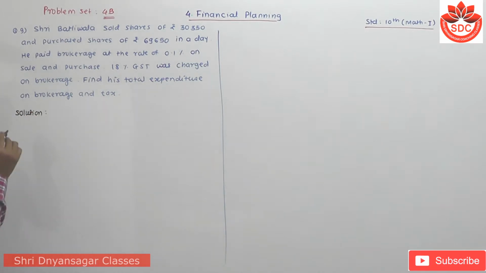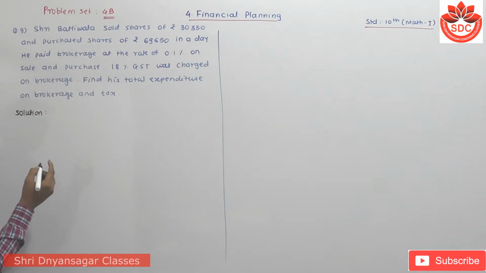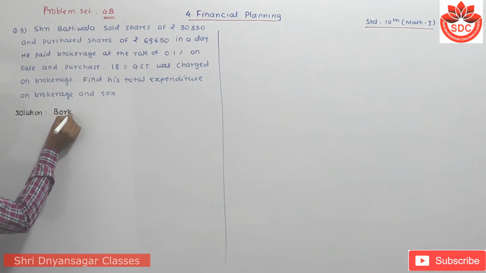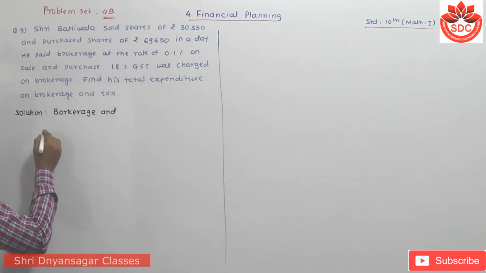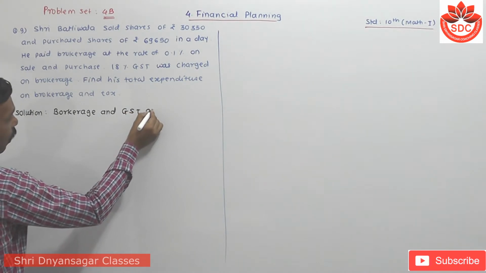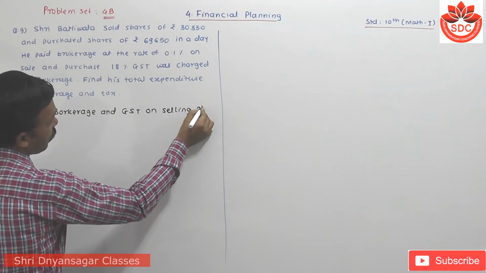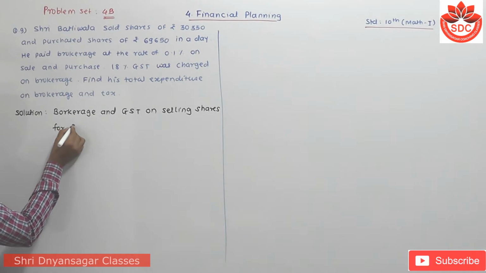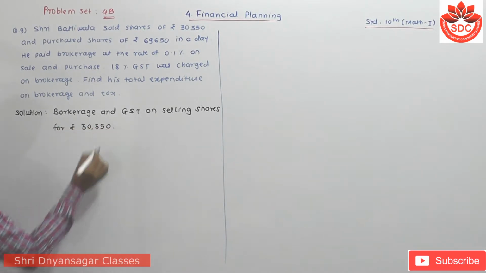here is brokerage and GST on selling shares of rupees 30,350. First we have to find out the brokerage and GST on selling shares for rupees 30,350.